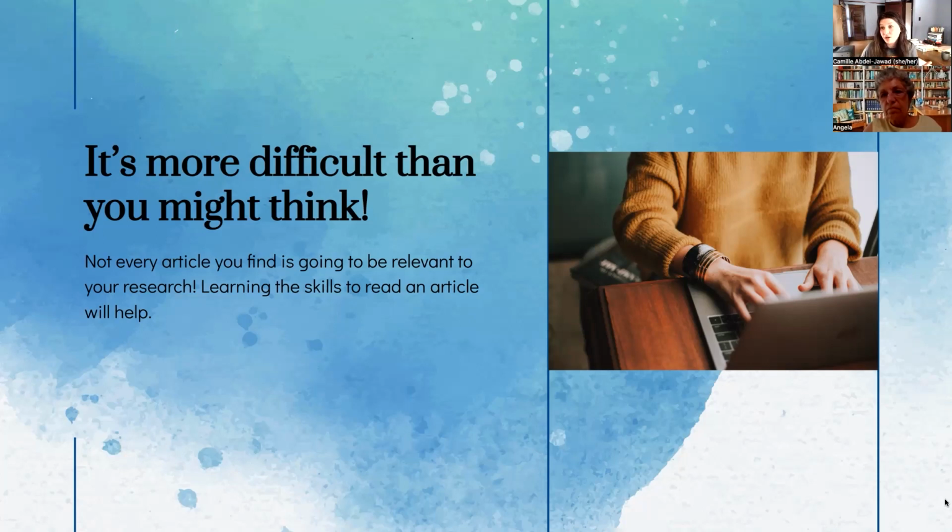If you have to look through 10 different ones just to find one article, and you have to read all 20 pages, that would be a lot of work, and you may not even end up using that article. So we want to teach you today that there is a better way to analyze resources without having to read the whole thing from start to finish.